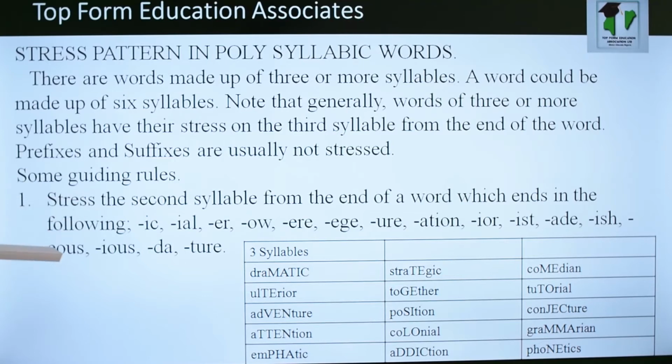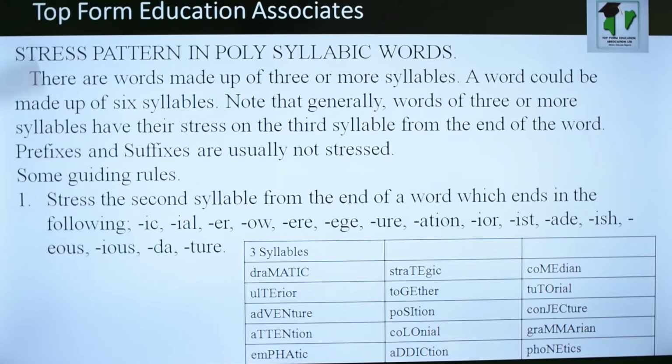We have words that end in IC, IAL, ER, OW, ERE, EGE, URE, ATION, IOR, IST, ADE, ISH, EOUS, IOUS, TURE.